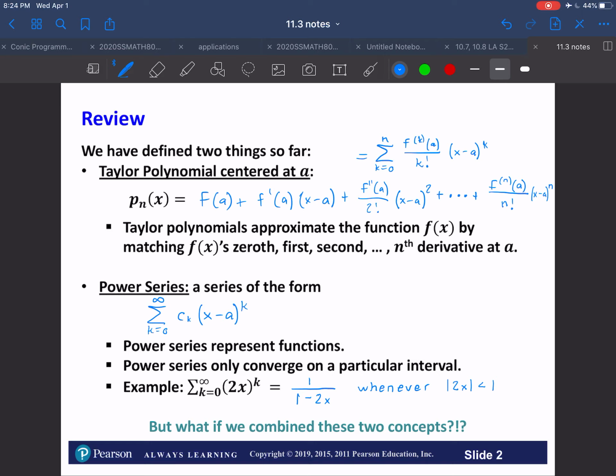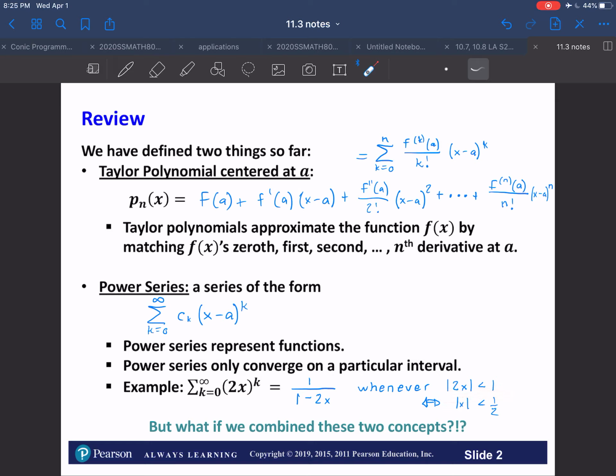And that occurs if and only if the absolute value of x is less than 1/2 if we divide both sides by 2. All right, another way to kind of see this is that this power series here is basically a geometric series where this 2x is your r. It's raised to the kth power. So this will converge only if this r is less than 1.